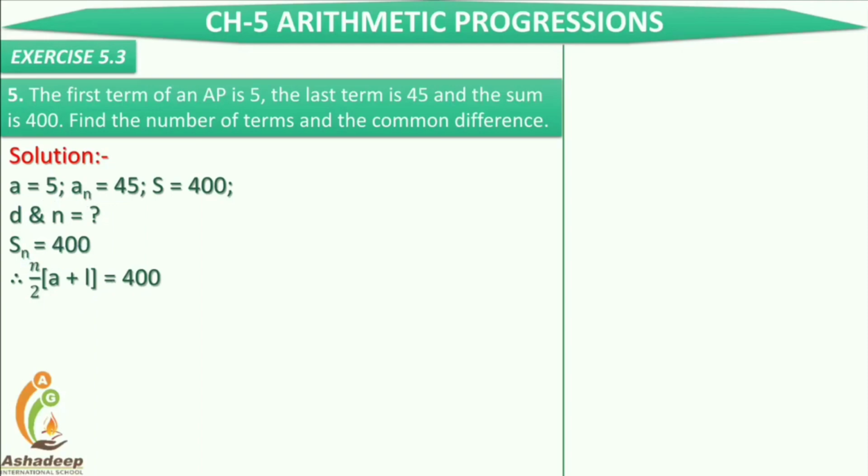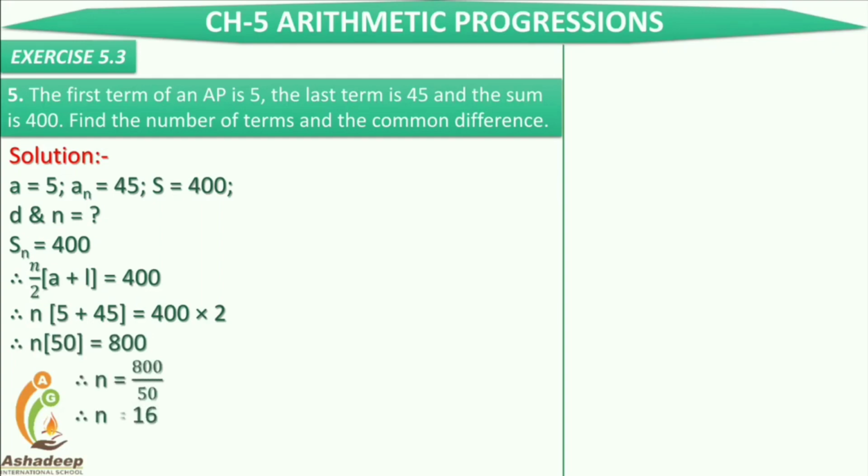So we'll put this formula. Now put the values. A is equal to 5 and L is equal to 45, right? Now it is 50. Now 50 from the numerator goes into the denominator, and n is equal to 16, right?